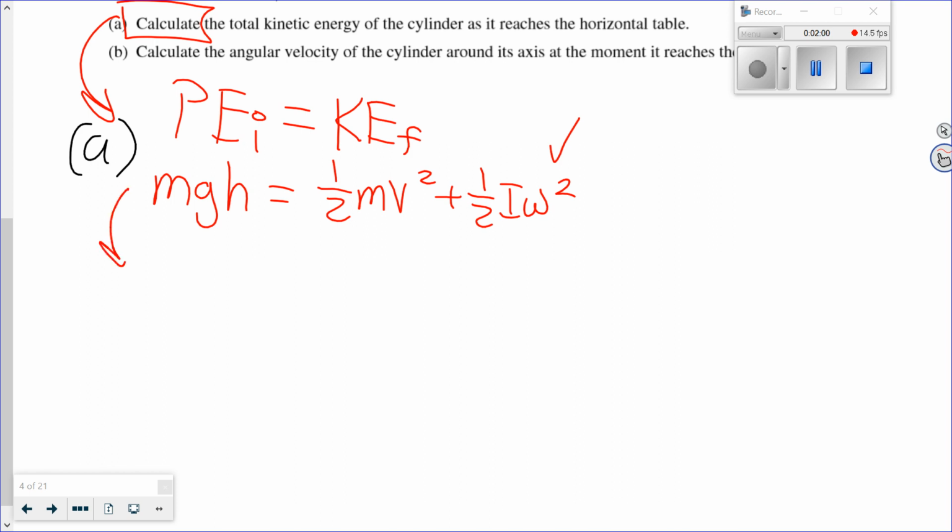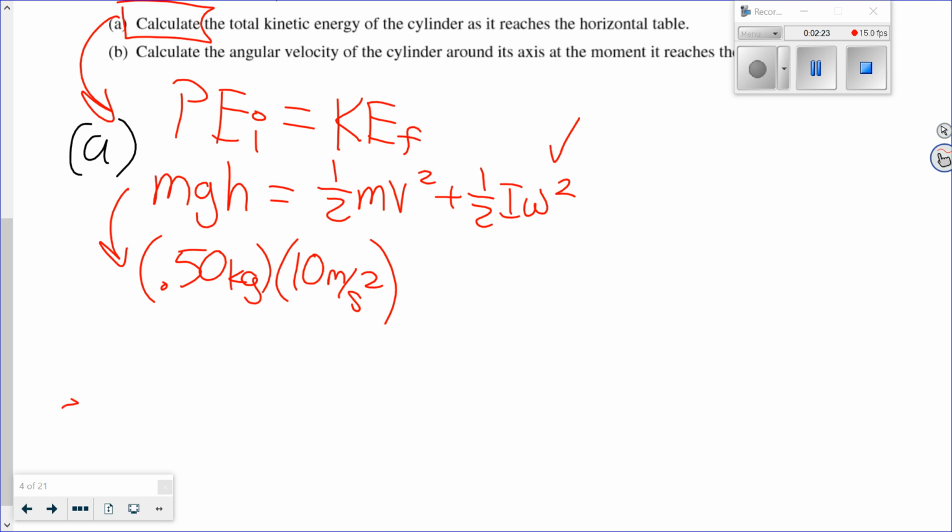But I can just start plugging things in. There's 0.50 kilos. I'm probably okay with 10 for g. What is the height? Look at that picture. It's out of view. Okay. I think they only give the length of the incline on the picture.